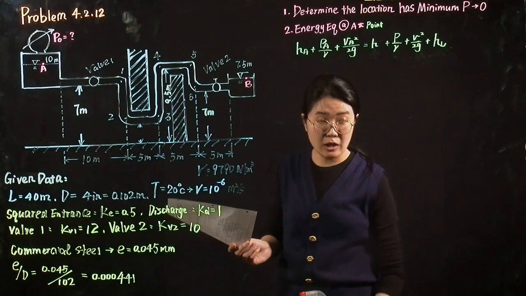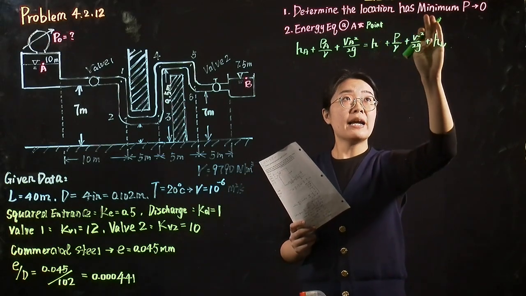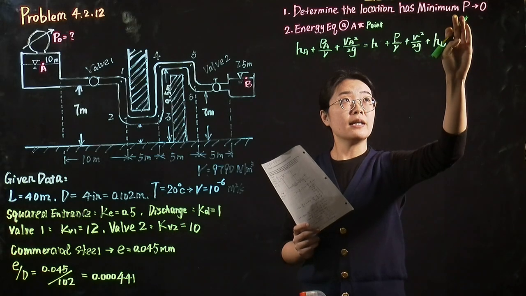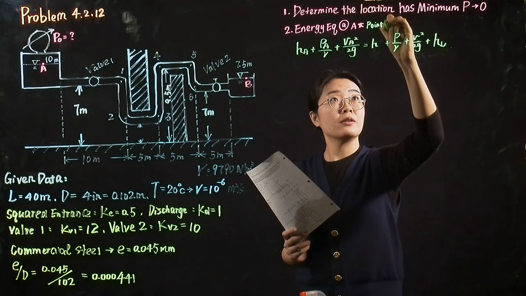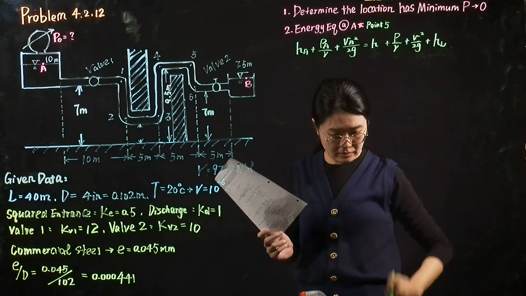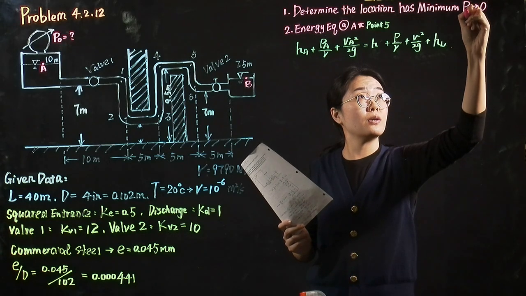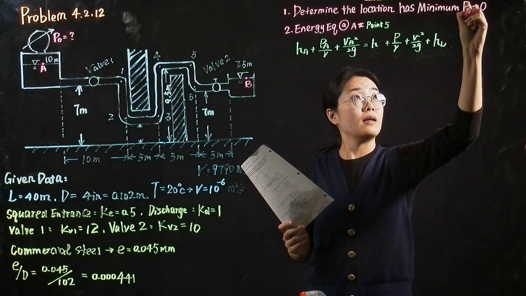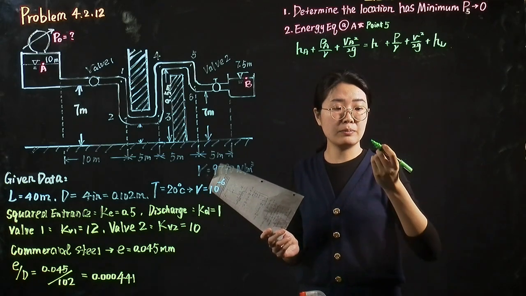So we can determine that the location with the minimum pressure is at point 5. We want to set the pressure at point 5 equal to 0, and then write down the energy equation at point A and point 5.